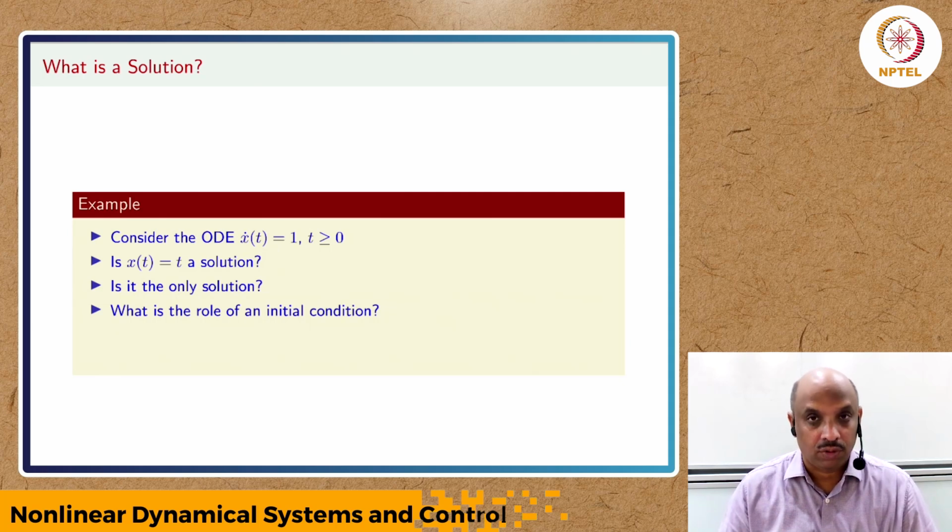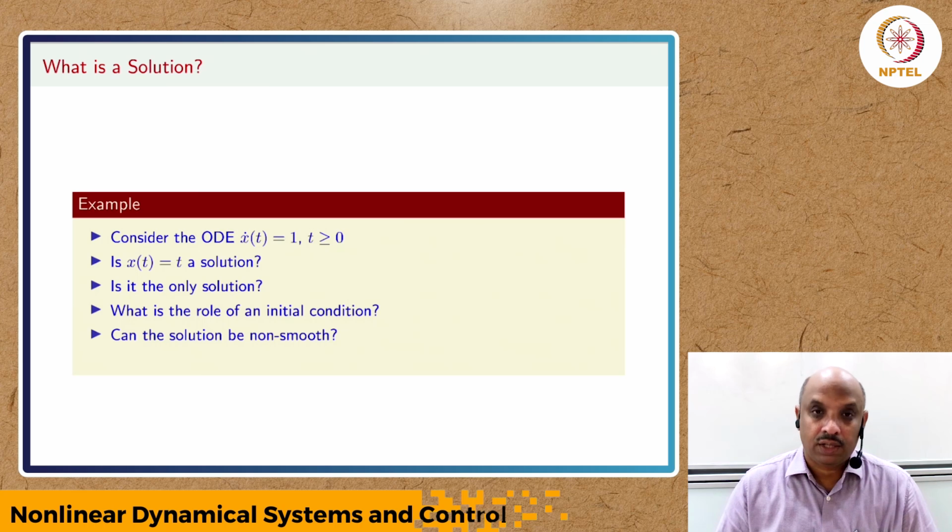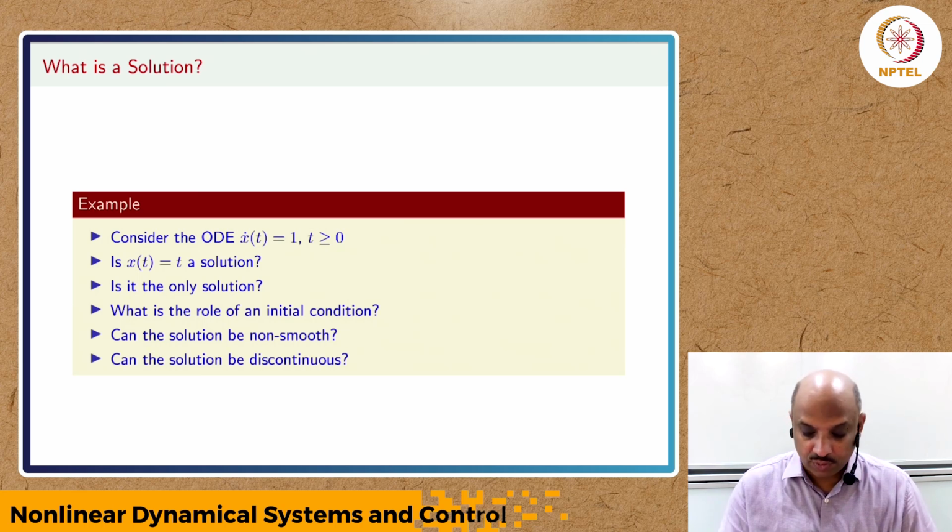Do they play any role? Are solutions continuous with respect to initial conditions? So many questions can come up. And can the solution that we define for an ODE be non-smooth? Can it be discontinuous, and so on and so forth? All these questions come up, and for this particular example, we'll see what happens.